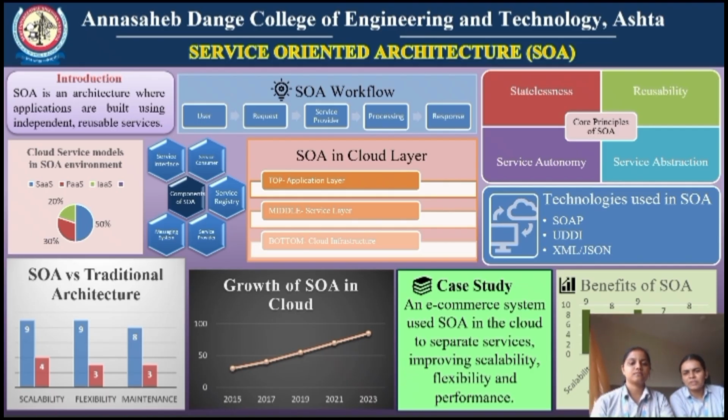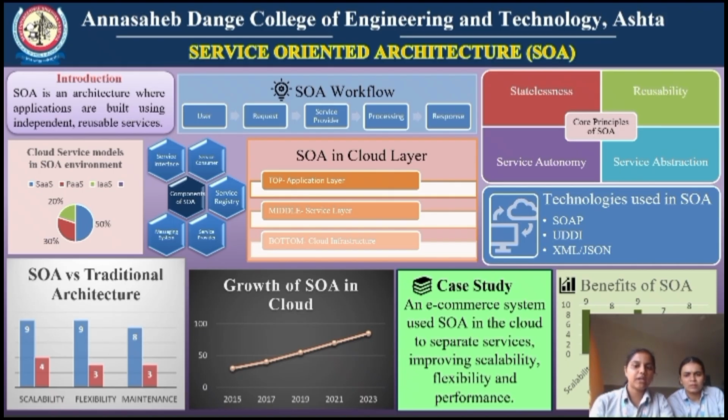Another objective is to analyze system characteristics such as scalability, fault tolerance, and performance optimization. The study also aims to understand how services interact in a distributed environment and how cloud platforms support these interactions. Overall, it focuses on building knowledge of efficient, scalable, and reliable system design.